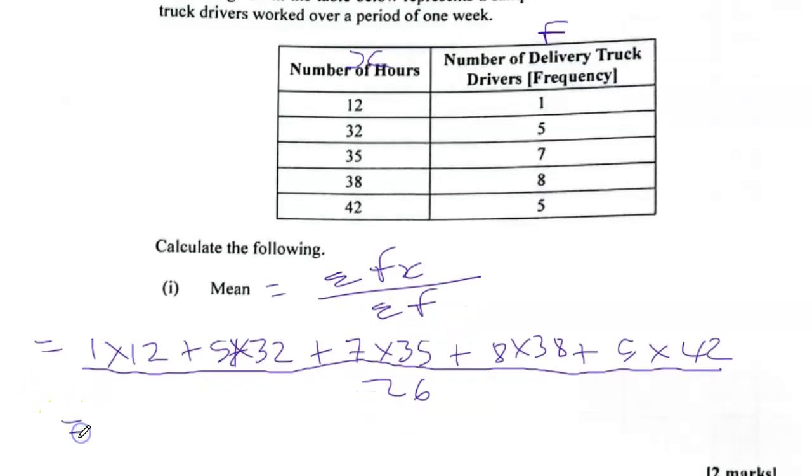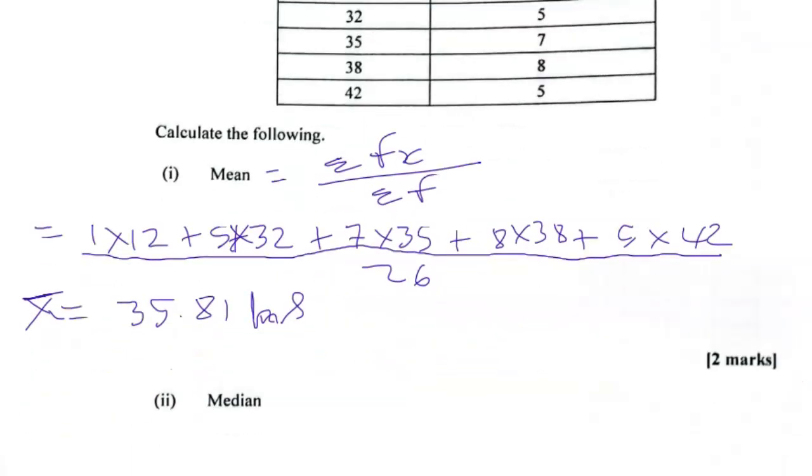So the numerator works out to be, and divide by 26, we get 35.81 hours. We refer to column mean x bar, right? Symbol for sample mean there.